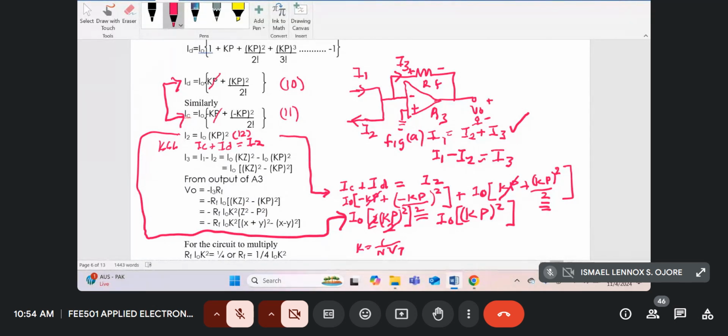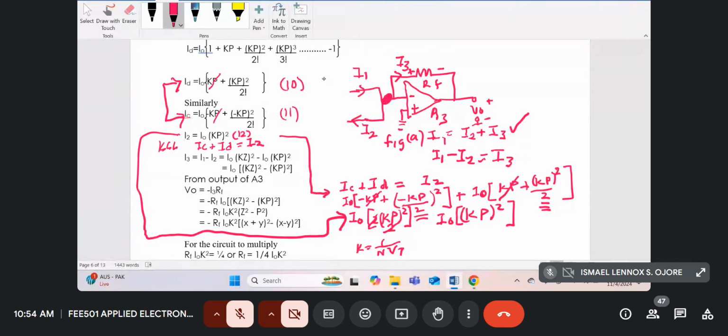So if you apply KCL at this node over here, and we solve for I3, we'll get I1 minus I2 is equal to I3. So that's how I get this equation. Let's call this equation 12.